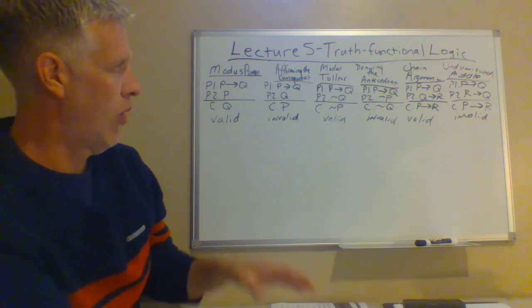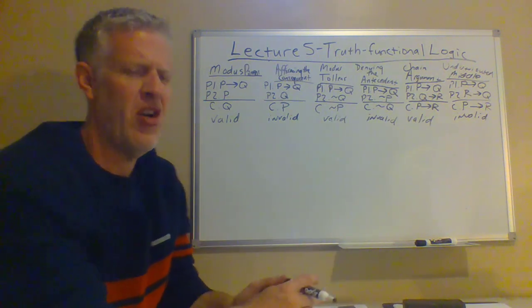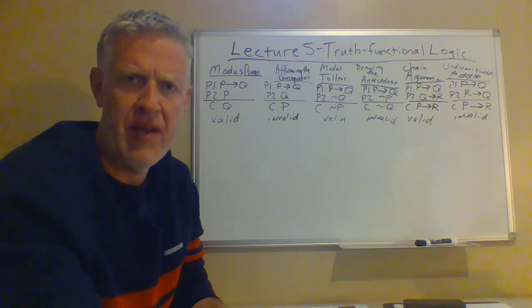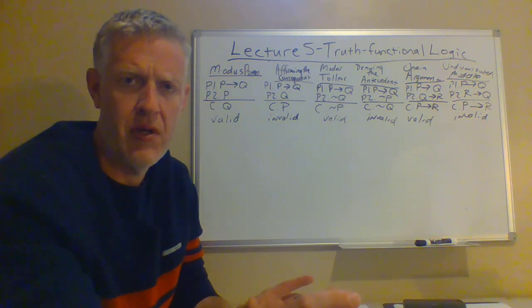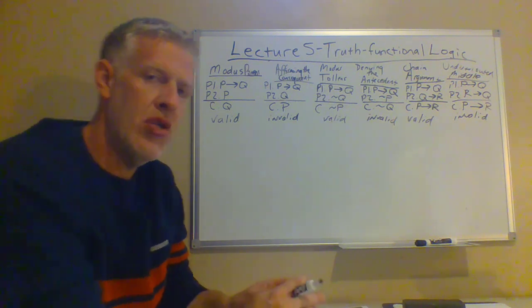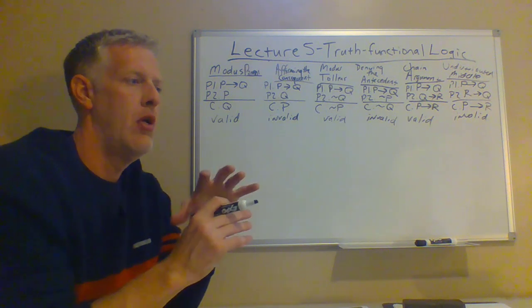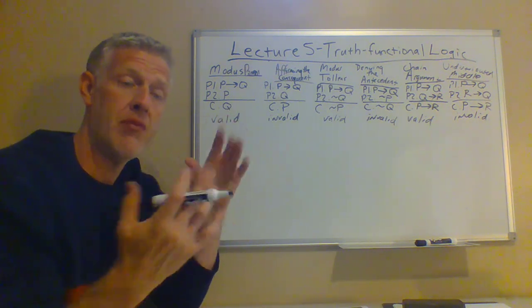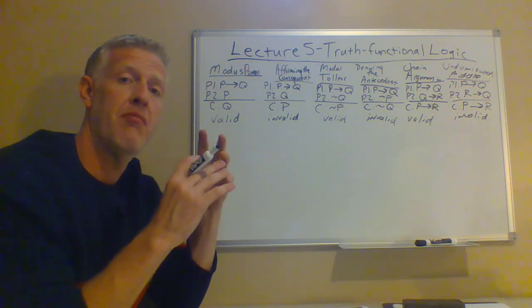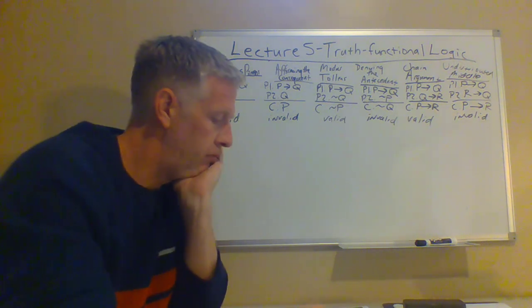So what we're going to do here is talk a little bit more in depth about truth tables, and I'll also say a little bit about what is called the short truth table method at the end. I'm not a big fan of the short truth table method. I want you to be able to do the entire long truth table method, because it enables you to better see what's going on logically.